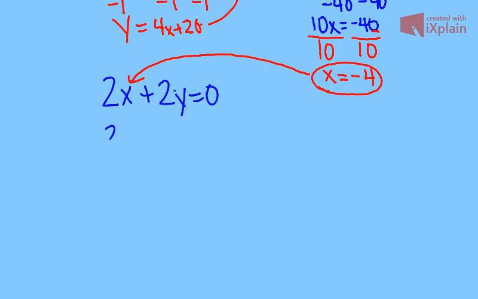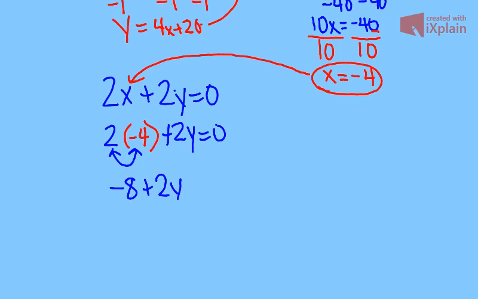So we have a 2 times a negative 4 plus 2y equals 0. We're going to multiply these two terms together. We have a negative 8 plus 2y equals 0. We're going to add 8 to both sides.